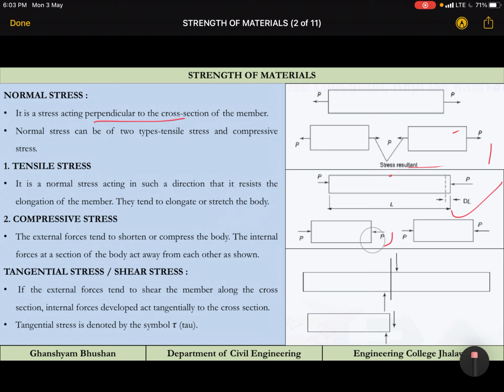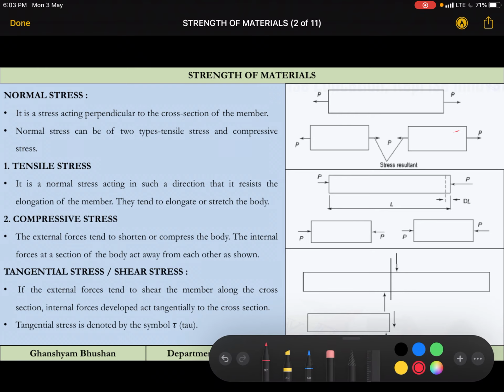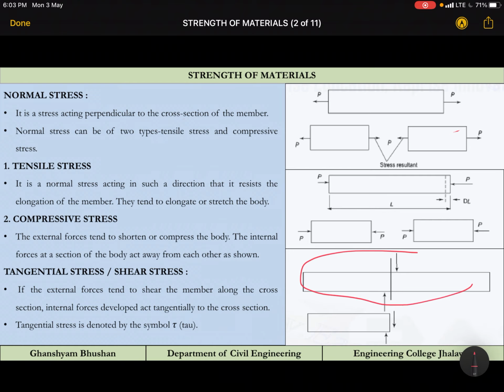Now the second type of stress is shear stress or tangential stress. Like the name suggests, it is tangential to the section. If some force acts like this and you cut here, you can see it is parallel, or tangential, to the surface of the section.